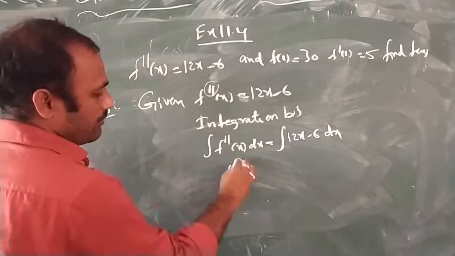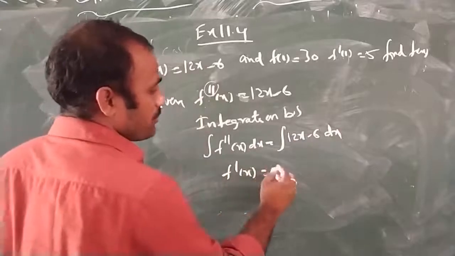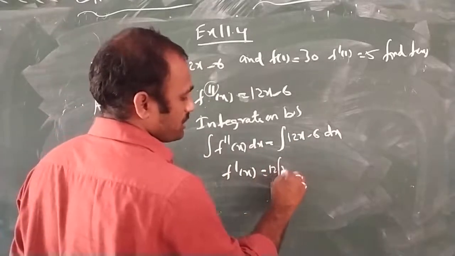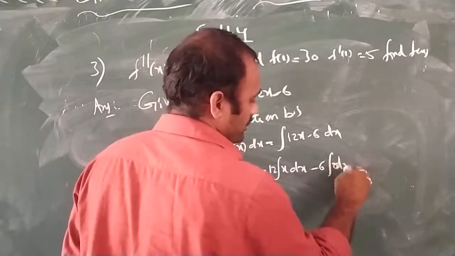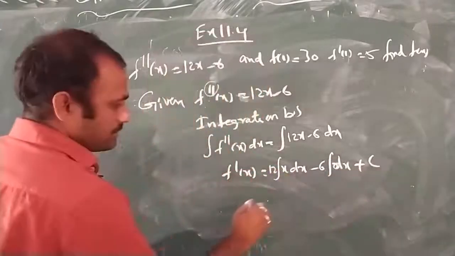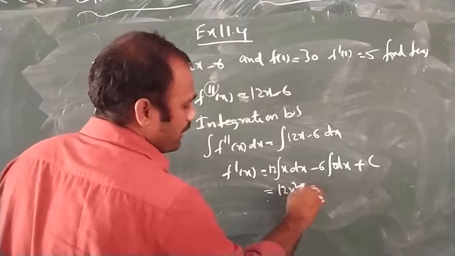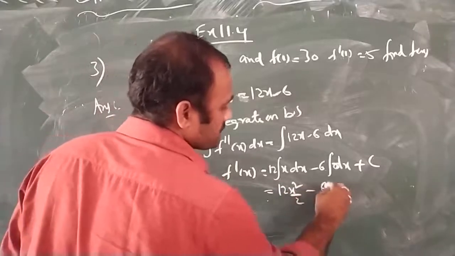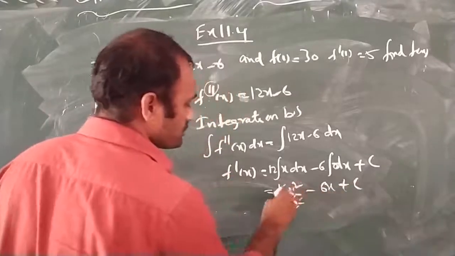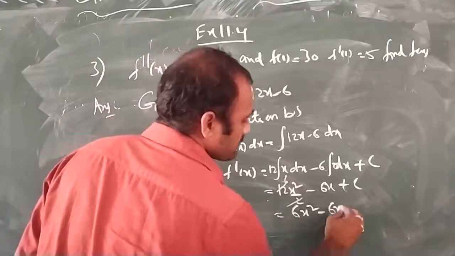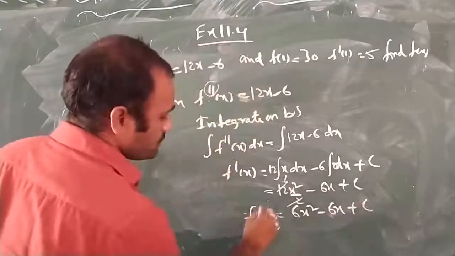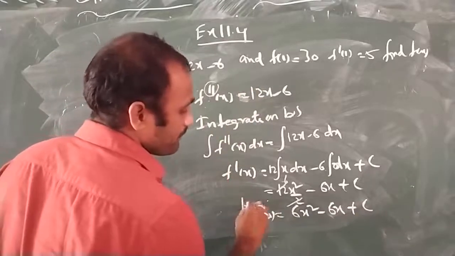So f dash of x equals 12 times integration of x dx minus 6 integration of dx plus c, which is 12 x square by 2 minus 6x plus c. Two sixes are twelve, so 6x square minus 6x plus c, which is f dash of x.